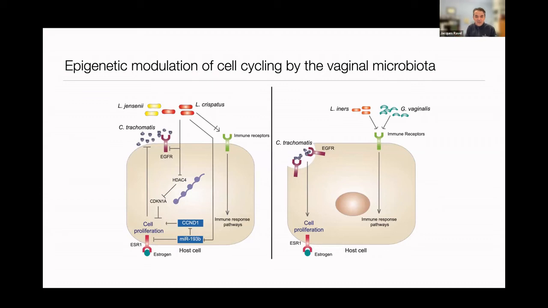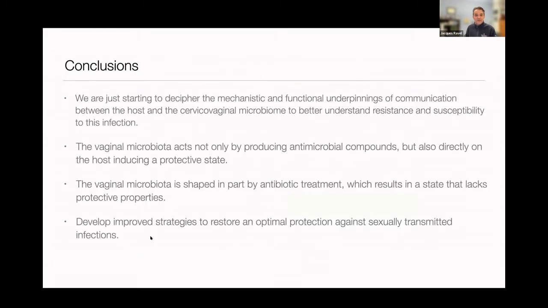And in those transcriptomic experiments, we identified other inhibition effects of lactic acid or even lactobacillus on, for example, EGFR, which is critical for the attachment and internalization of chlamydia. But cell proliferation was identified as a major factor.